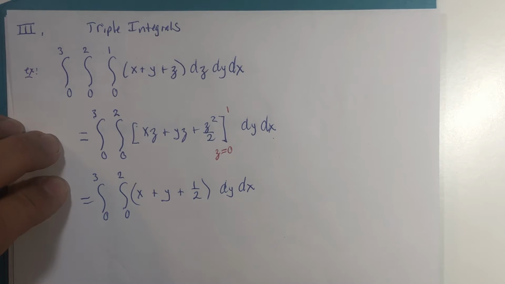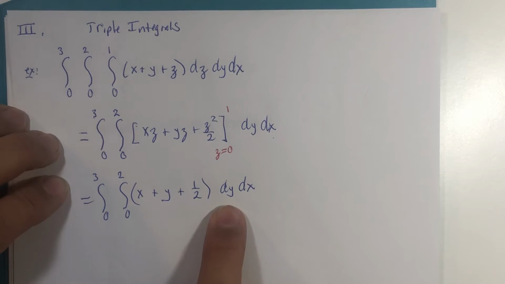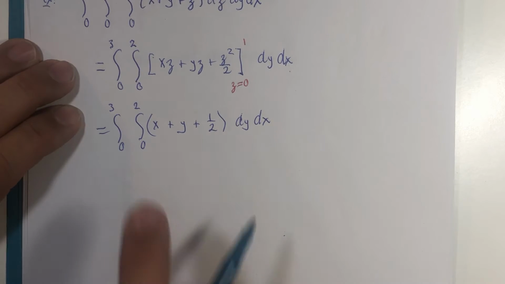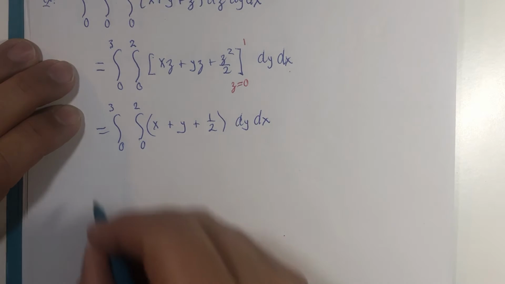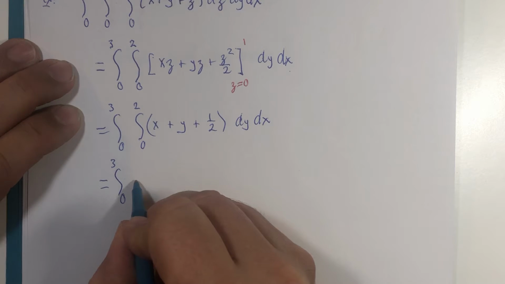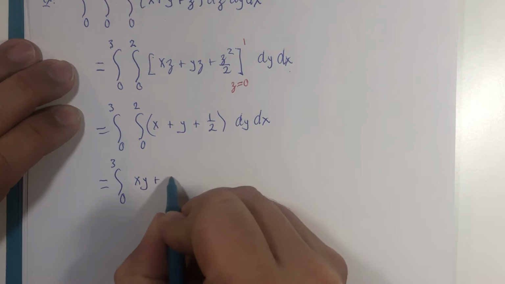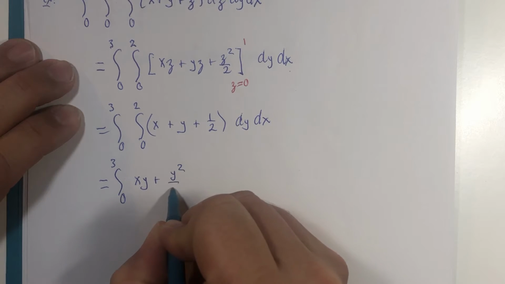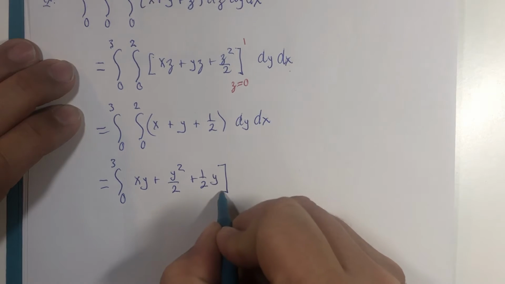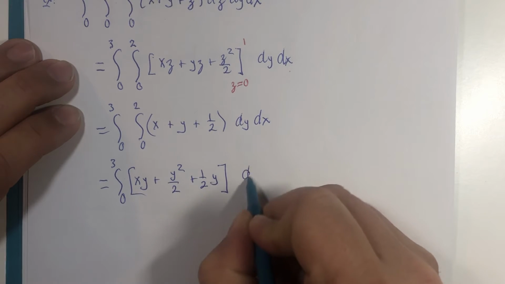So now y is the variable. x and 1/2 are both constants. So we get x times y plus y squared divided by 2 plus 1/2 y. Later we'll do dx.